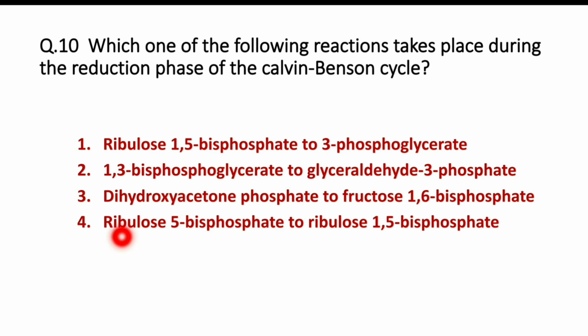Option 3. Dihydroxyacetone phosphate to fructose 1,6-bisphosphate. Option 4. Ribulose 5-phosphate to ribulose 1,5-bisphosphate. So the right answer is option 2, 1,3-bisphosphoglycerate to glyceraldehyde 3-phosphate.